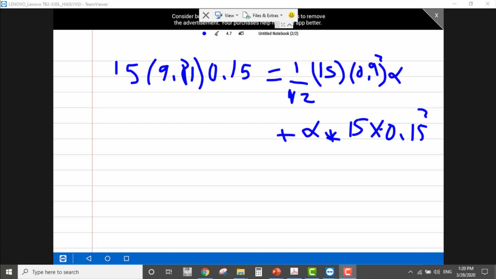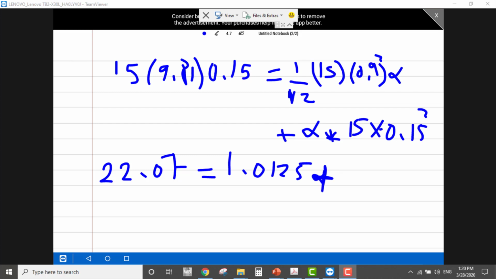So the left side equal to 22.07, and this is equal to 1.0125 alpha, or I can take alpha as a common factor, so this is plus 0.3375, and between brackets this is multiplied by alpha.